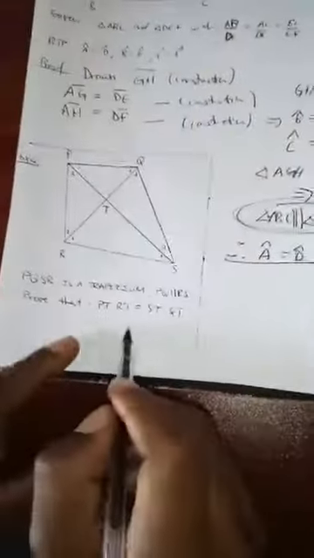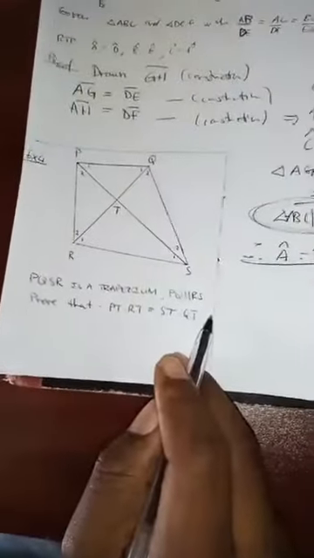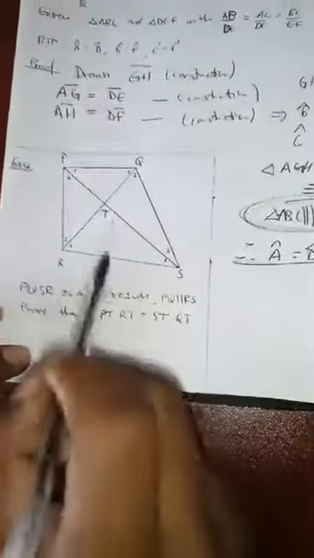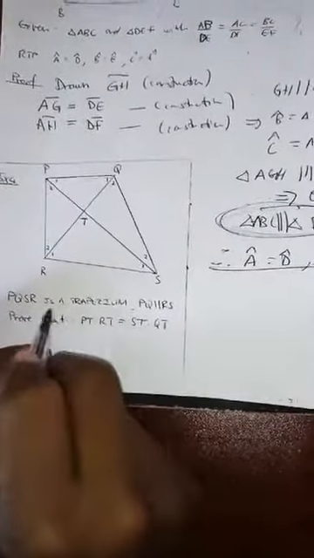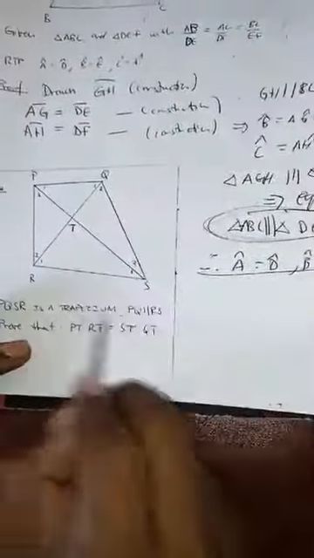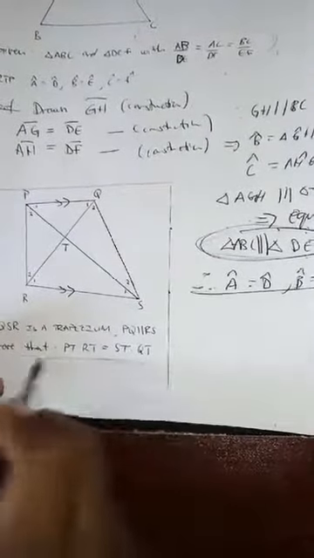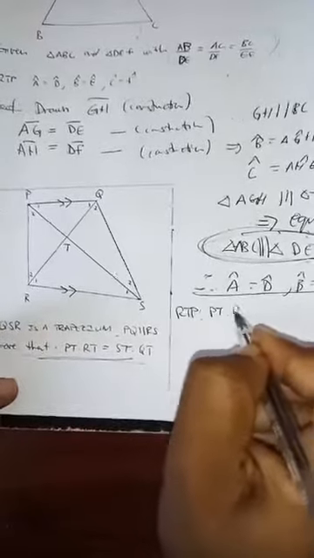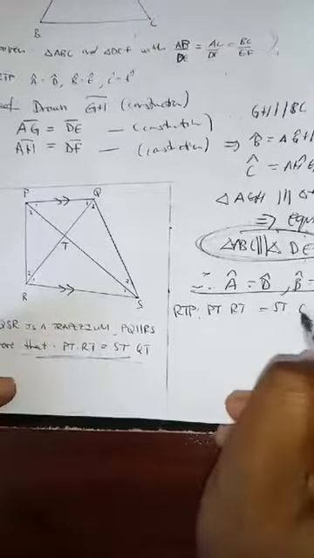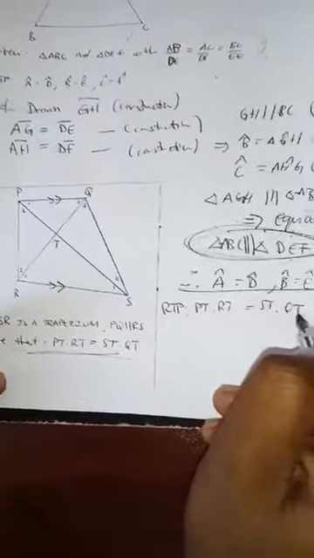So lastly, just to apply this proportionality of sides, if you are given a polygon PQRS and you are told that PQRS is a trapezium and PQ is parallel to RS, and the question is prove, so you are required to prove that PT multiplied by RT is ST multiplied by QT.